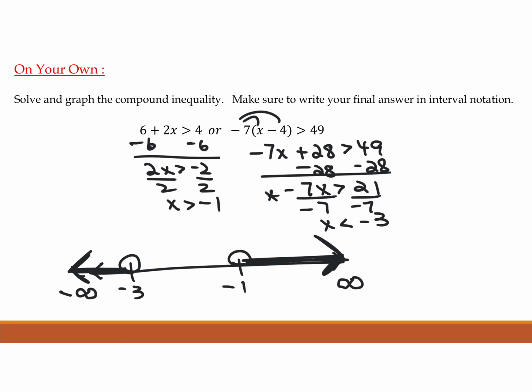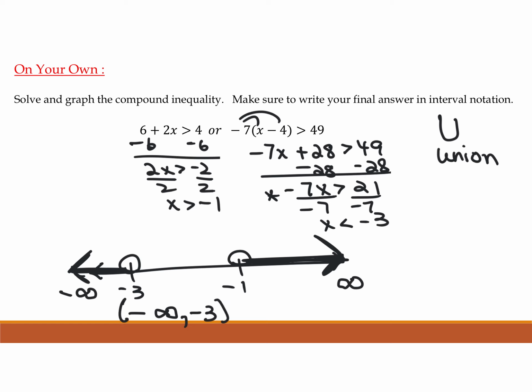And because the graphs are two separate graphs, I have to remember that I use that symbol U, which represents union. So my answer is going to be negative infinity, comma, negative 3. Infinity is parentheses.